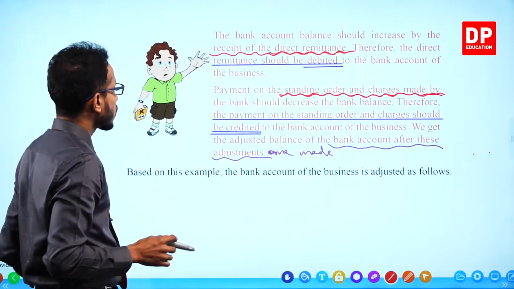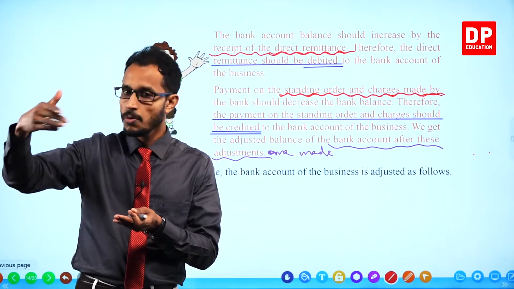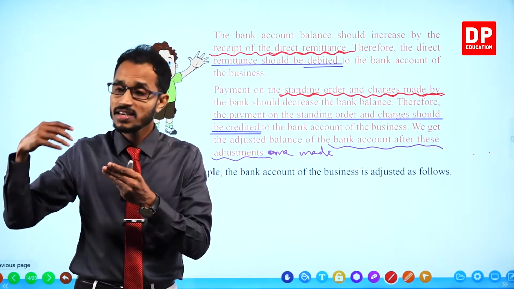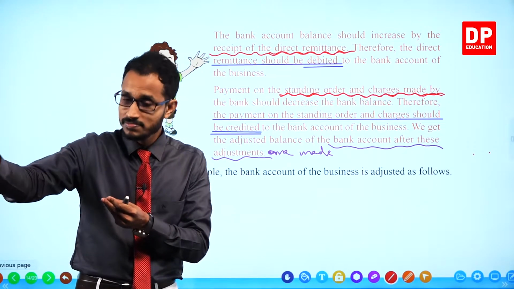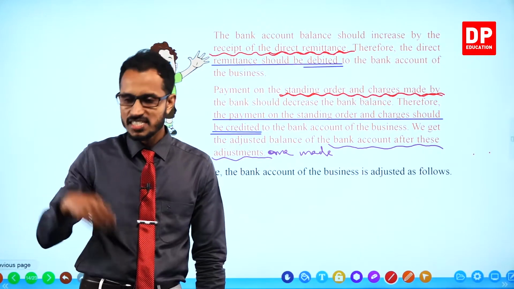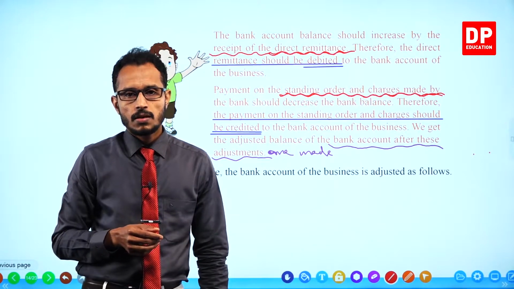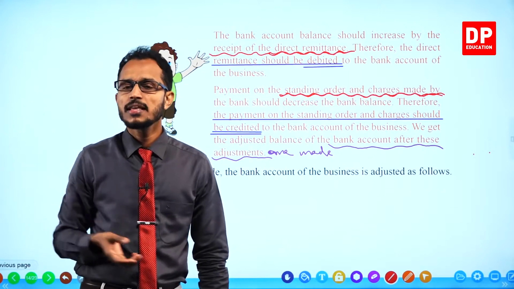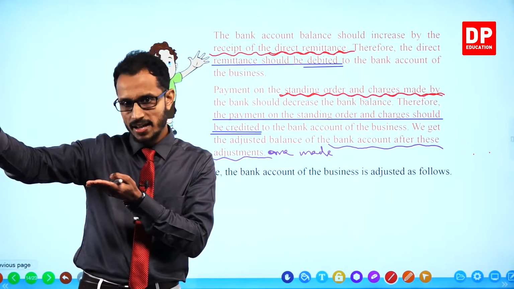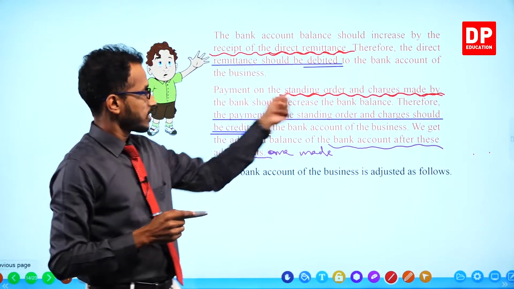Why? Because when payments are made from our bank account by standing orders, the bank balance decreases. And when the bank is taking, every month, from the balance of our bank account their charges, checkbook charges, stamp fees, stamp duty, for other services that they provide us, they take our money from the bank balance directly. So that also decreases our bank balance. That is why they are credited. See?